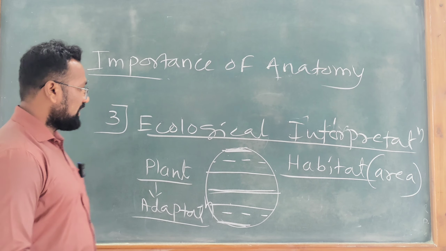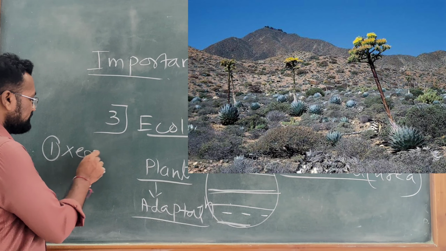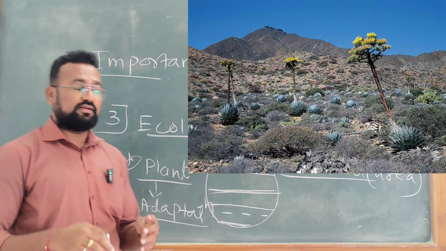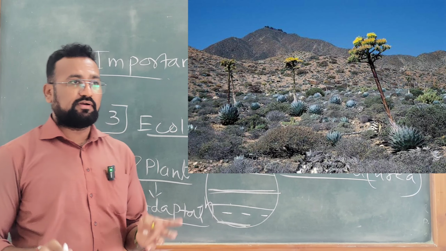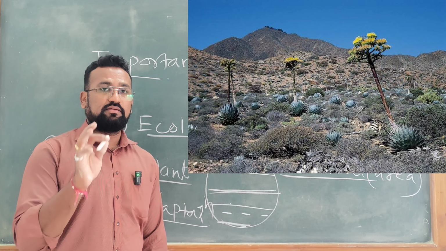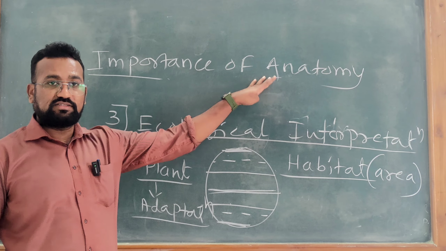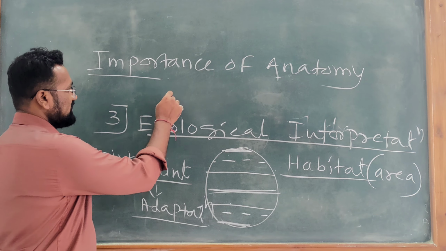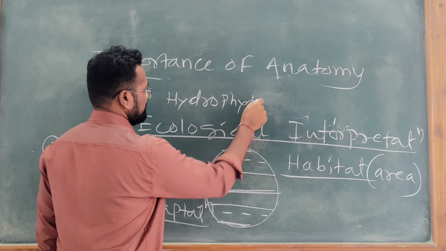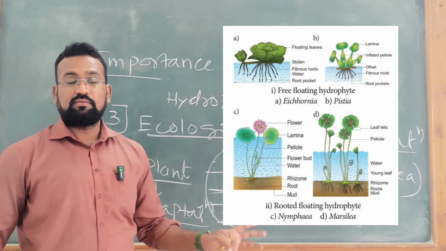So here we have various areas such as xerophytic area, meaning a very high temperature environment with very little water. To live in such harsh environmental conditions, plants need to adapt, and for performing adaptation, the anatomy changes. When you see a hydrophytic plant, hydrophytic means the plant lives directly inside water, where plenty of water is there.